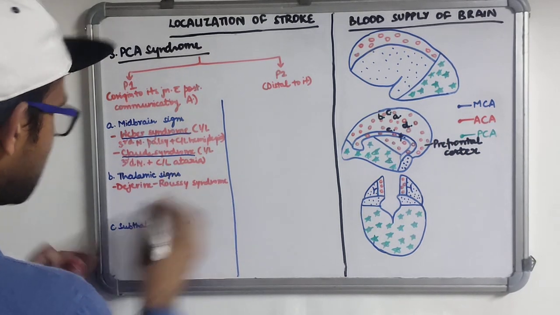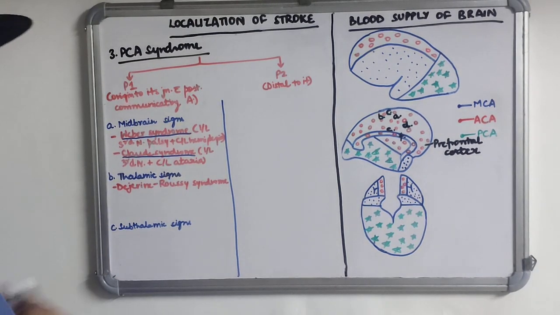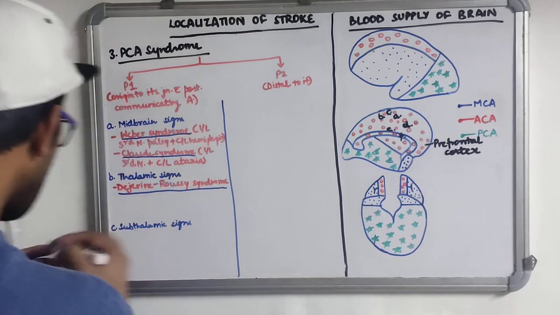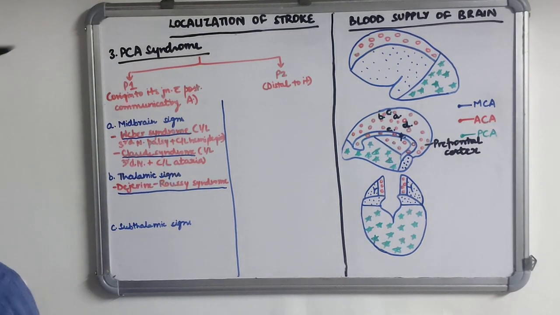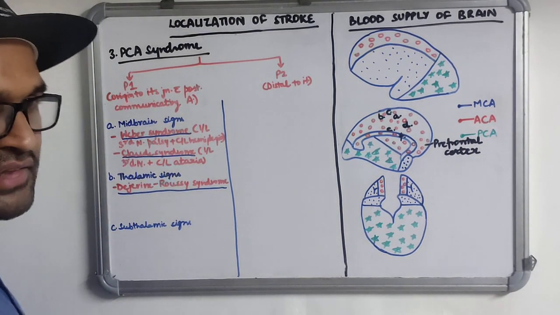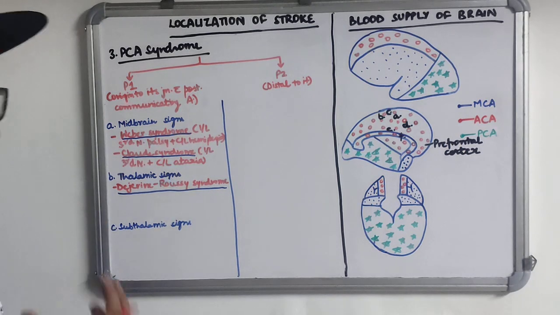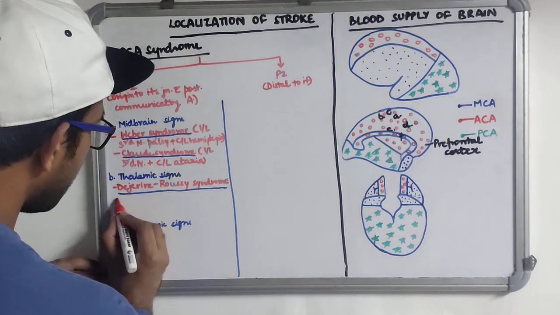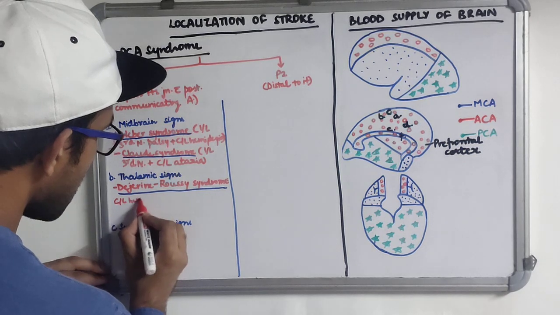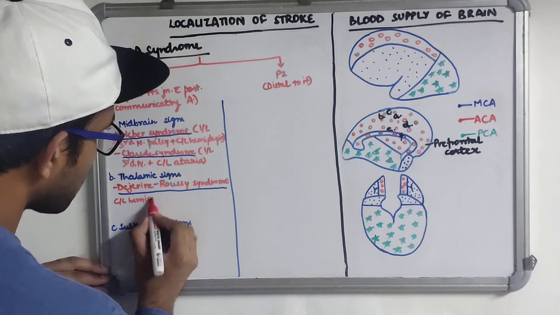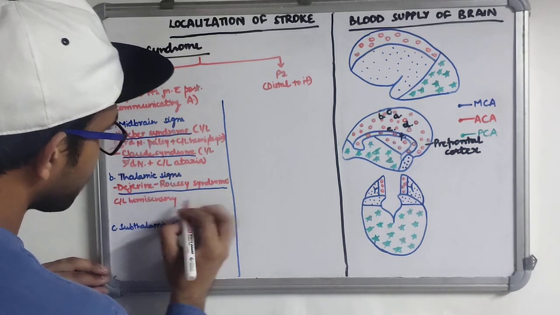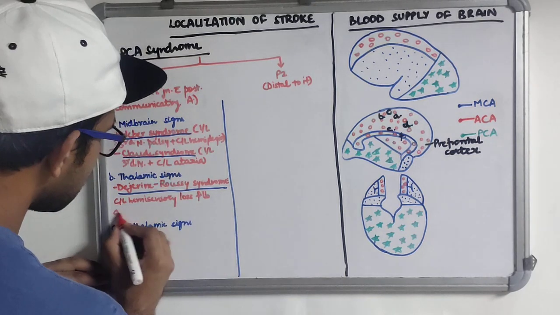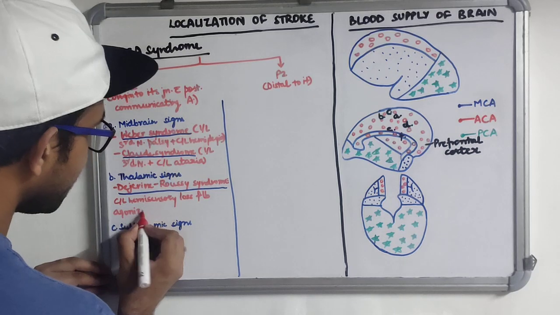In Dejerine-Roussy syndrome, there is contralateral hemisensory loss followed by dramatic onset of severe burning, agonizing pain over the affected areas.